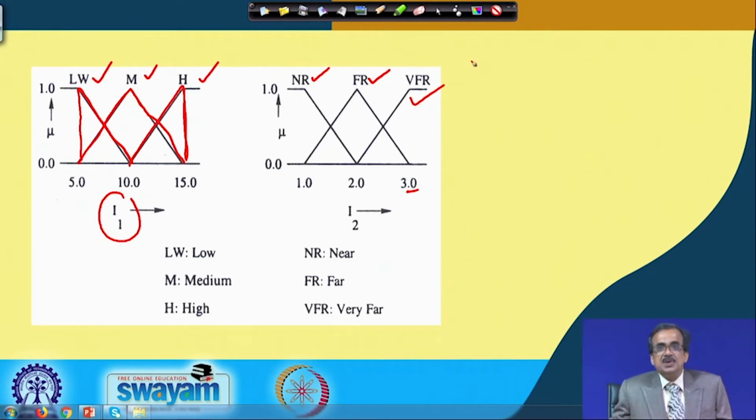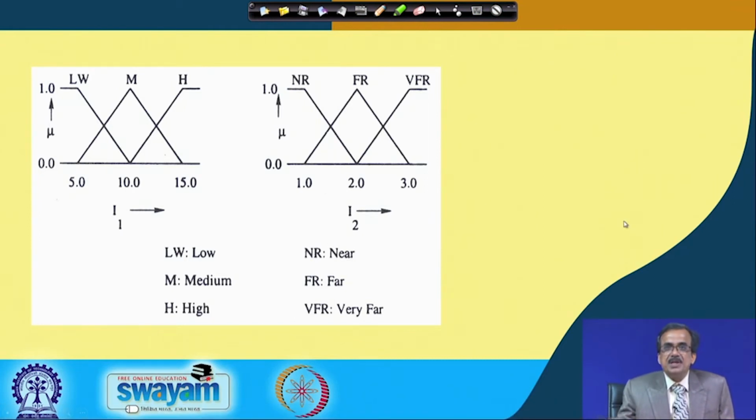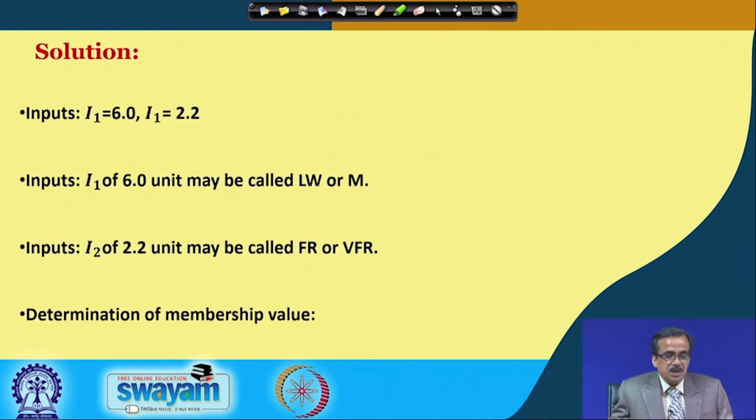So, using the 3 linguistic terms, we can represent the input variables I1 and I2. And once you have got this particular representation for the inputs, that is nothing but the database. So, now we are in a position to find out what should be the output for the set of inputs.